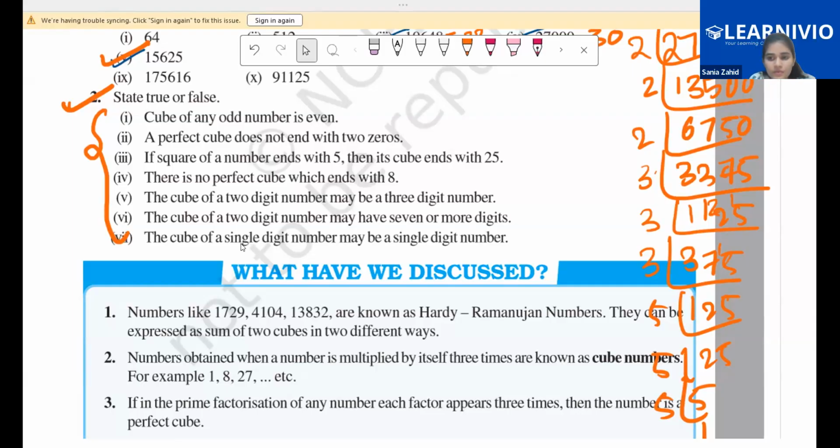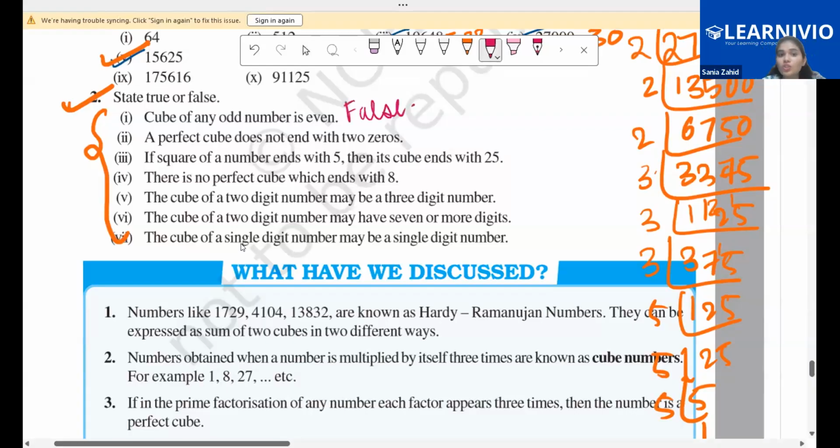No, ma'am. False. Yeah, but why? Let's also discuss the reason. Ma'am, because 3 cube is 27. Exactly. Look at one only. One is an odd number, and one cube is one. That's also an odd number. Similarly, three is an odd number, and three cube is 27. That's again an odd number. So the first one is false.